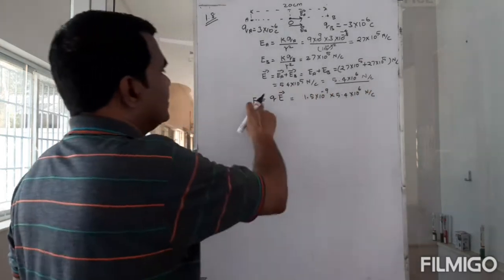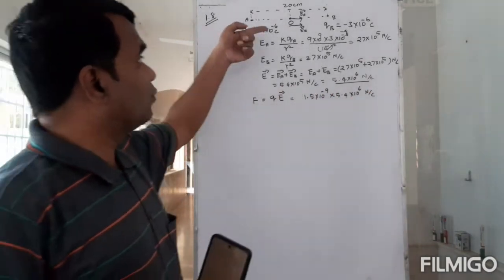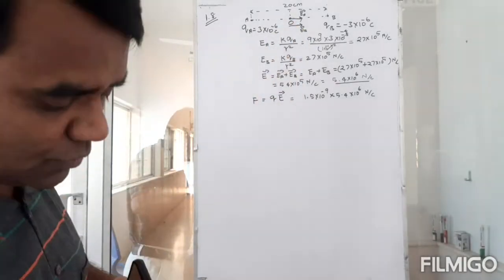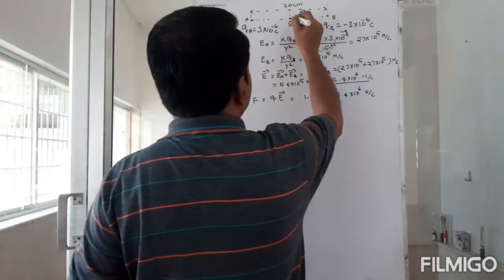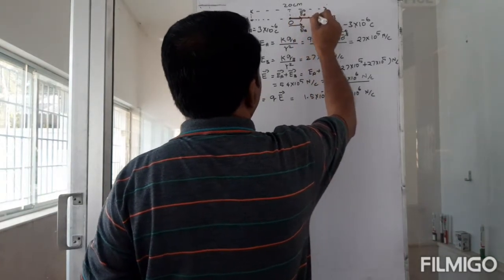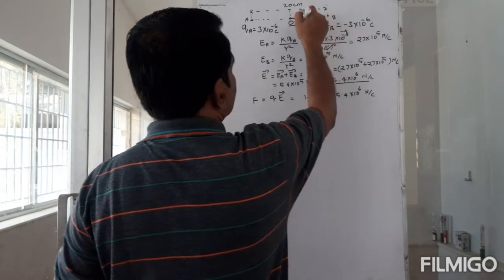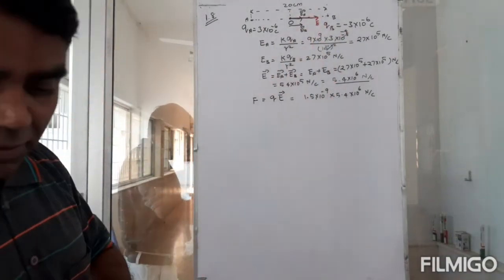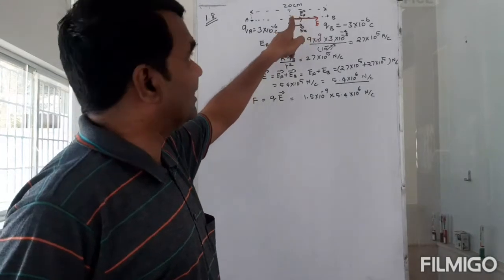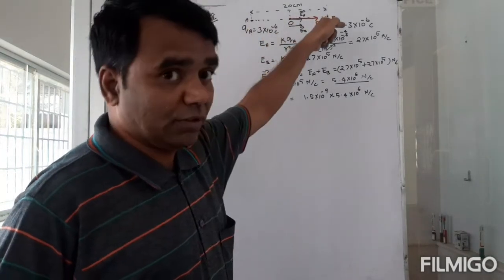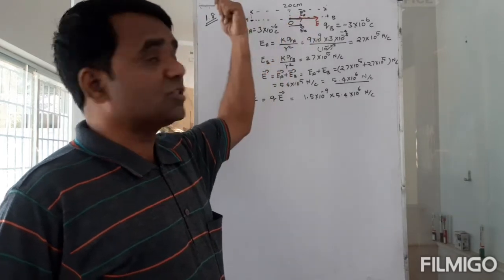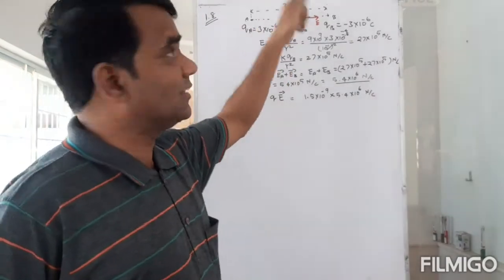But you see, Q is a negative charge, so it won't move in the direction of E. So this will be the direction of E, that is the sum of EA plus EB. This direction is for positive charges. If we keep a unit positive charge, it will move that way. But if we give a negative test charge, it will move in the opposite direction of E, right?